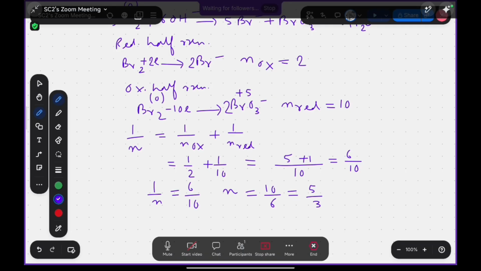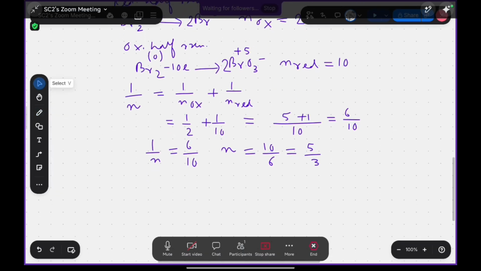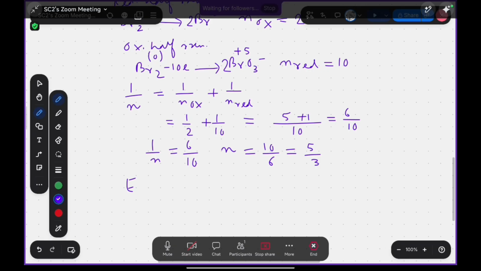N becomes 5 by 3. Now how do you calculate the equivalent weight? Equivalent weight is equal to the molecular weight M, which is already given, so you don't have to calculate again, divided by the N factor. So it is M by 5 by 3, that means 3M by 5. Your option C is the correct one for this question.